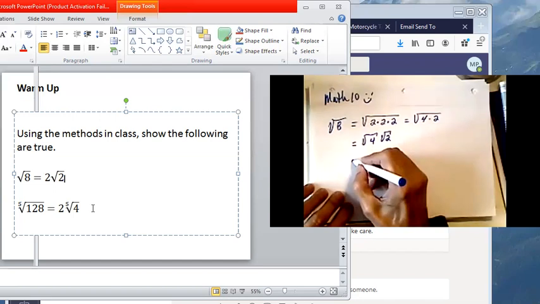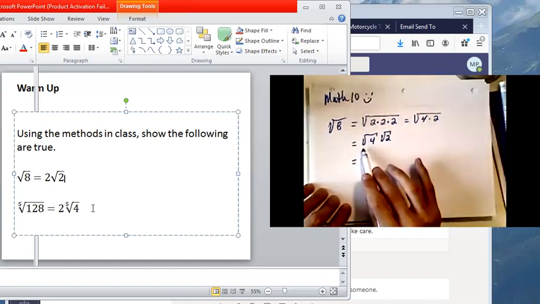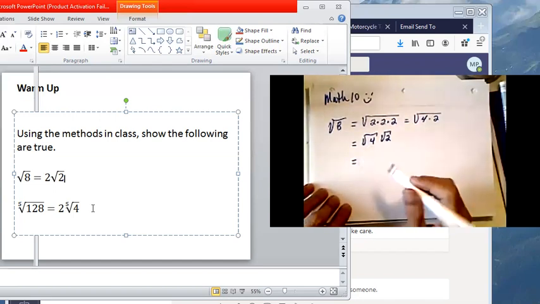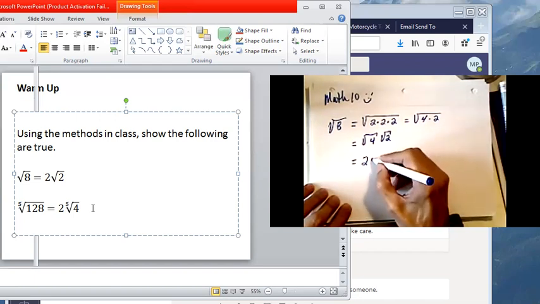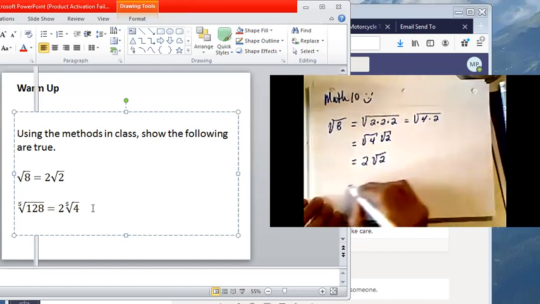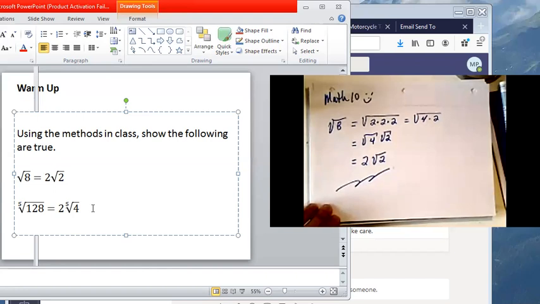And then because we all know what the square root of 4 is, we know that it's 2. We then get the final result that looks like this. That makes sense, right? Yeah. Okay, perfect.